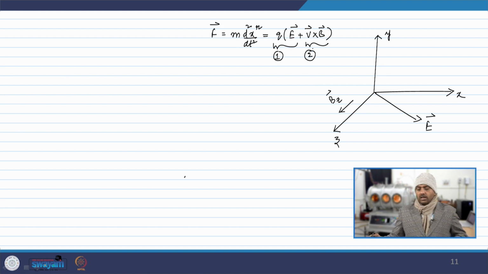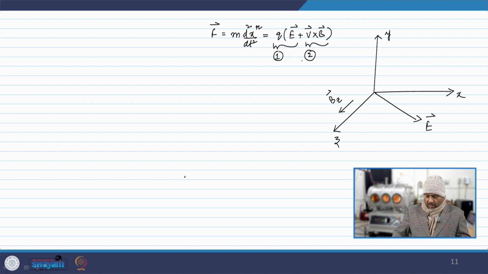Now, can I be wrong if I say that the resultant motion of a particle in a situation where we have electric and magnetic fields, both of them, will be a combined motion of 1 and 2? Right.